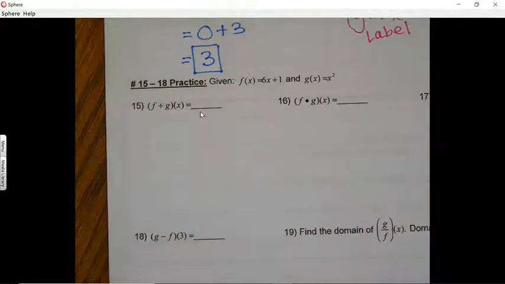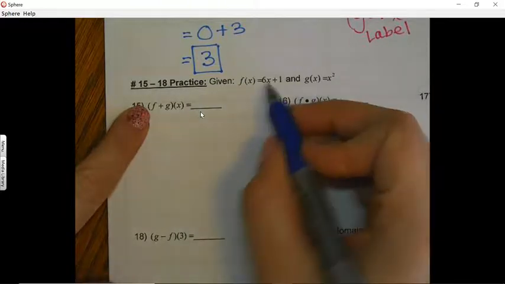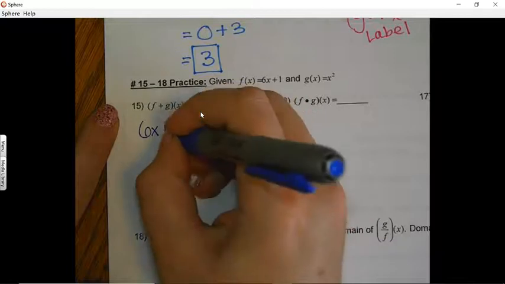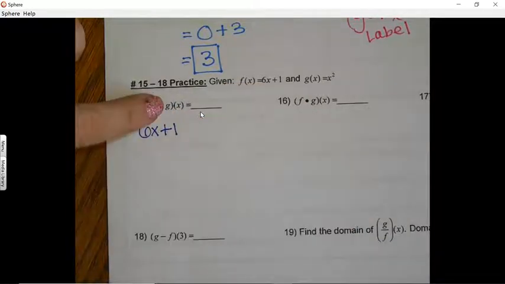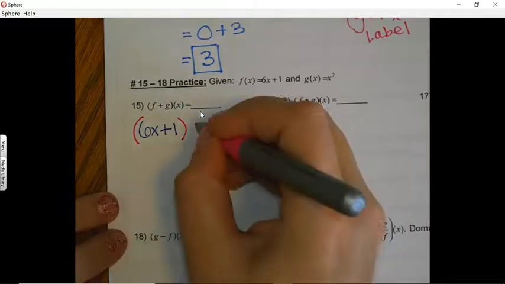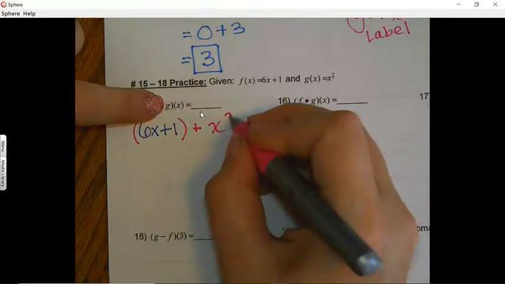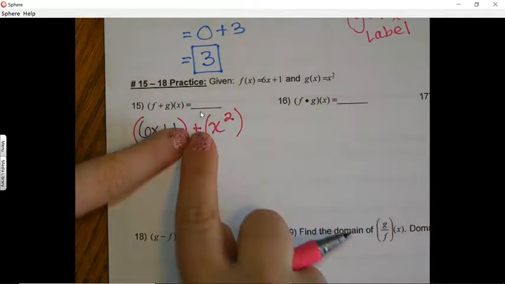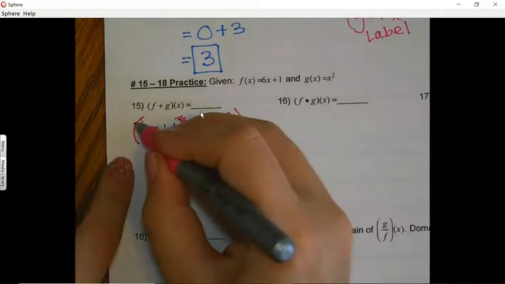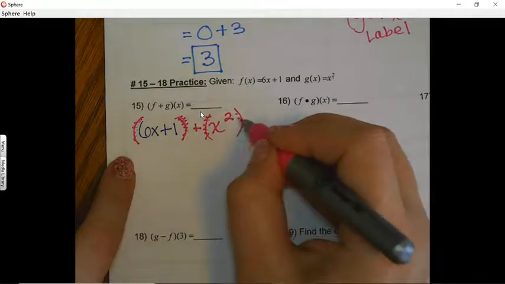So number 15 is saying to take function f, which is 6x plus 1, and add it to function g, which is just x squared. So it's saying to just add these two. I don't need these parentheses here because there's nothing in front to distribute or multiply. This is just a plus sign.